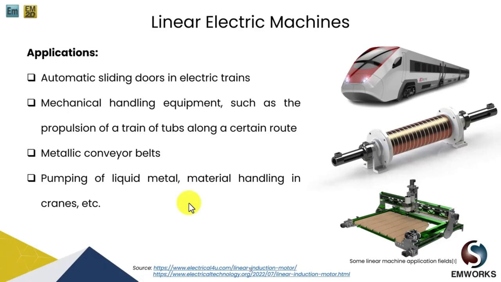A few such applications are listed here. First, automatic sliding doors in electric trains, mechanical handling equipment such as the propulsion of a train or tubs along a certain route, metallic conveyor belts, or the pumping of liquid, material handling in cranes, etc. Next, let's look at its design challenges.